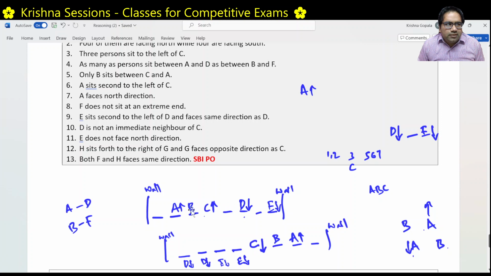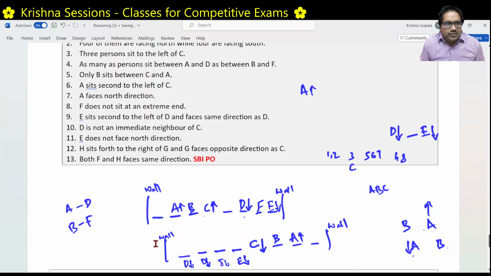We are taking condition number 4 and 8 together. F cannot sit on the extreme end. Between A and D there are so many people, and between B and F there should be the same number. So F will be here in this case, right?